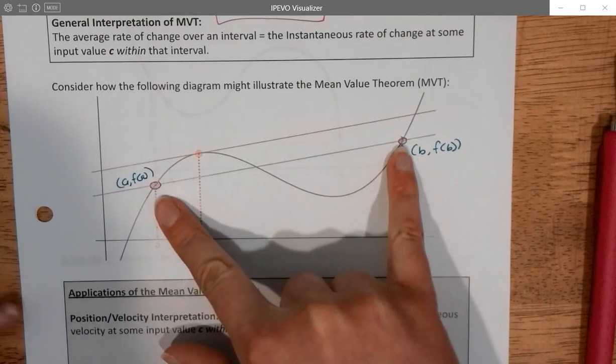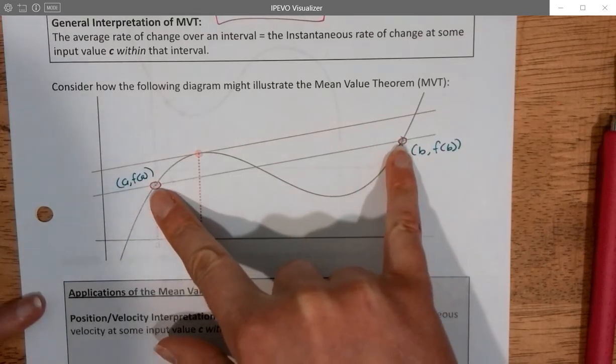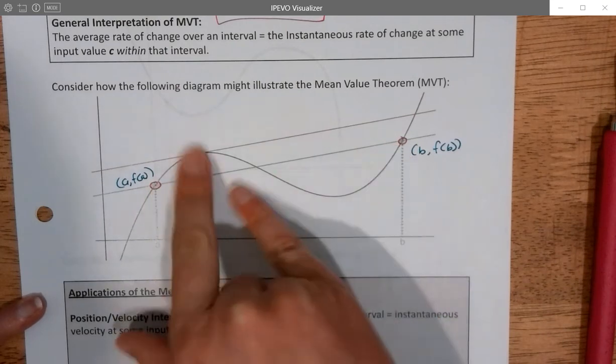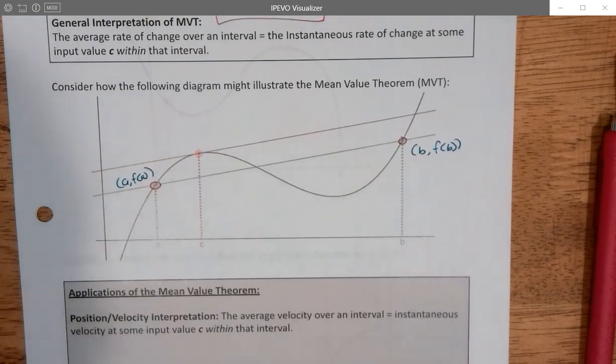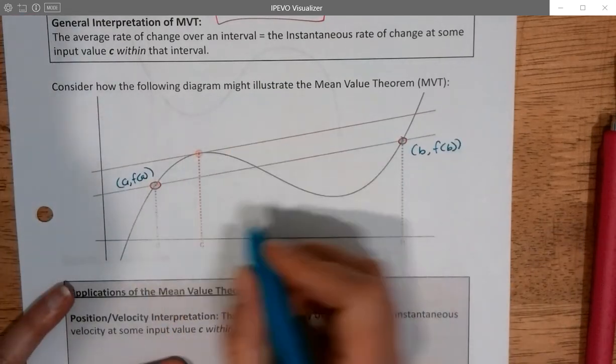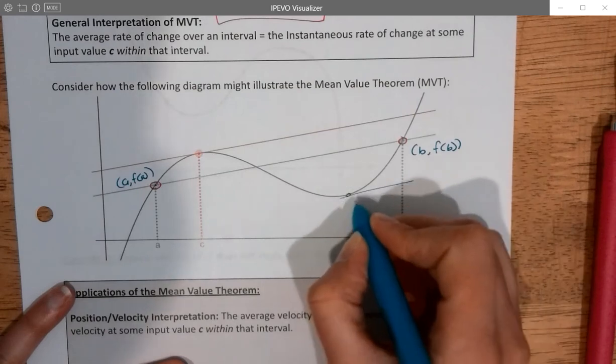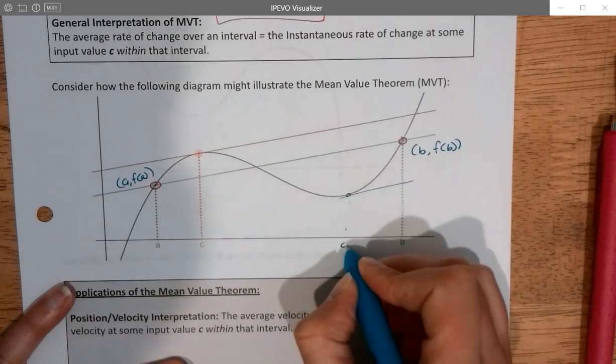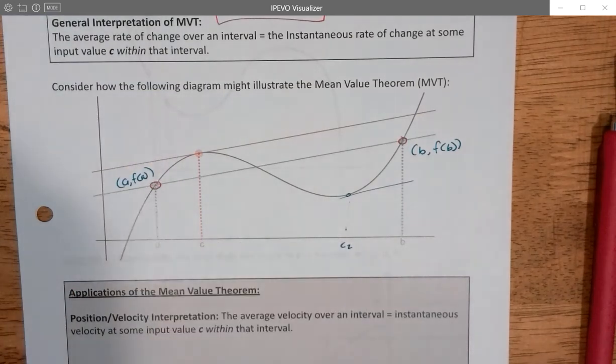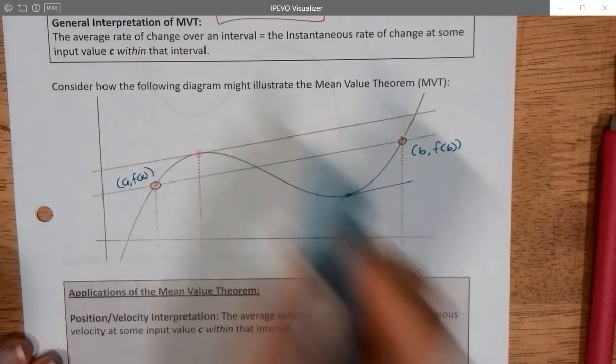The mean value theorem generalizes that and says it's true for any slope, not just slope 0. No matter what the slope is, I'm going to have a point between them where that slope is also realized. Now again, there could be more than one. It looks like there's another one right here or so that would have that same slope. So this one has a C1 and a C2 as well. The mean value theorem guarantees the existence of at least one. There could be more than one.